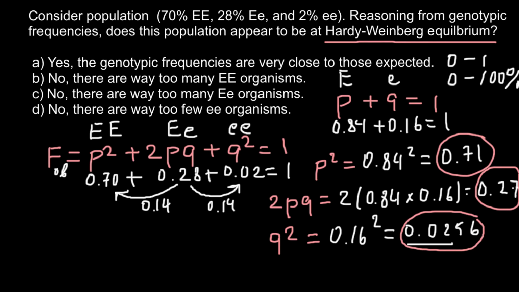So what we can say is that the numbers expected are very close to the observed frequencies. So our answer would be answer A. Yes, the genotypic frequencies are very close to those expected.